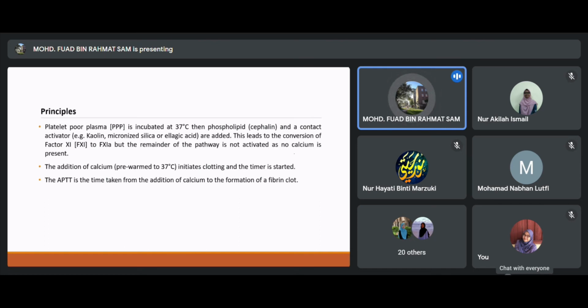Then phospholipid cephalin and a contact activator such as kaolin, micronized silica or ellagic acid are added, and this leads to the activation of factor 11. But the remainder of the pathway is not activated as no calcium is present. The addition of calcium, pre-warmed to 37 degrees, initiates clotting and the timer is started. So the APTT is the time taken from the addition of calcium to the formation of a fibrin clot.